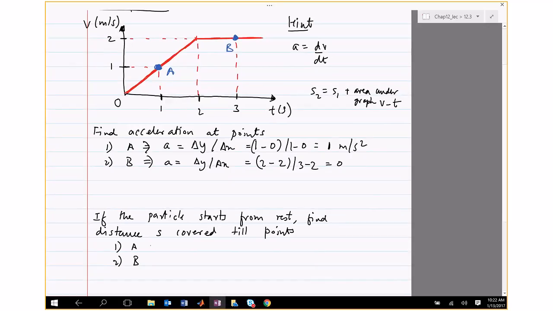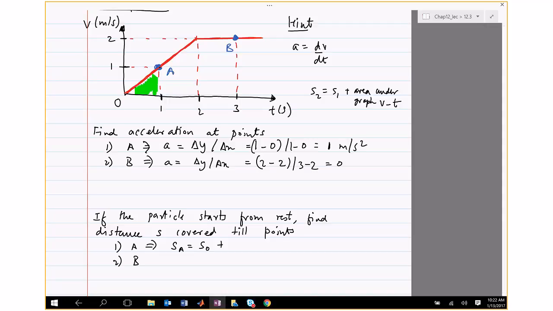S at A is S at 0, right? I'm using the same formula, plus the area under the graph. So this is the area under the graph, right? What's the area of a right angle triangle? It's half base times height.